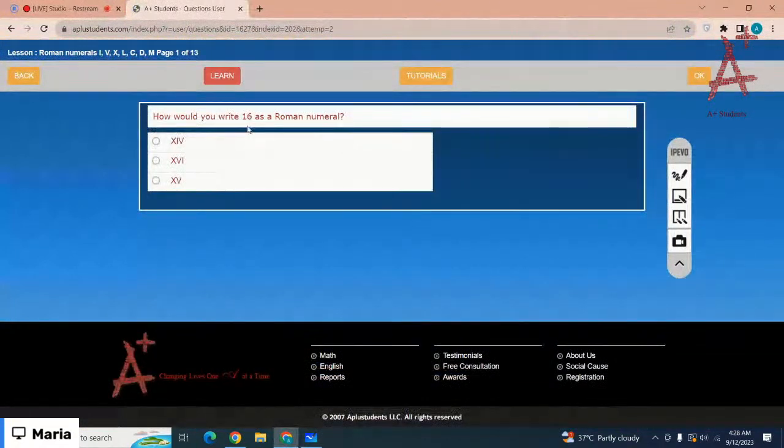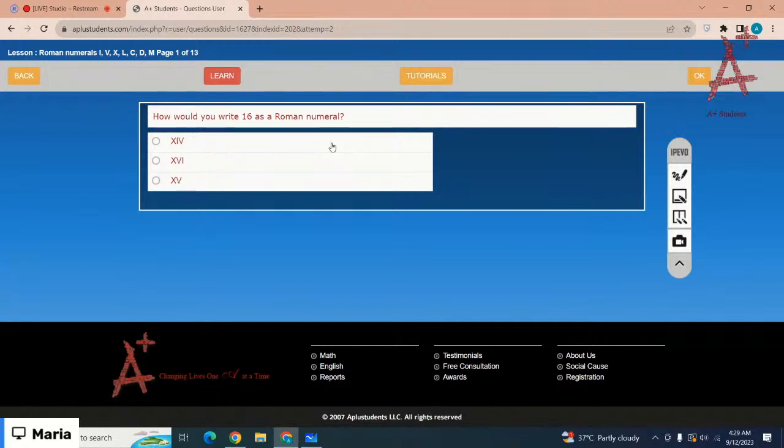Okay, how would you write 16 as a Roman numeral? So which is the correct option? 1, 2, 3. 10 plus 6 makes 16, right?